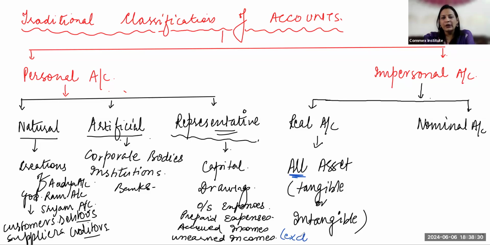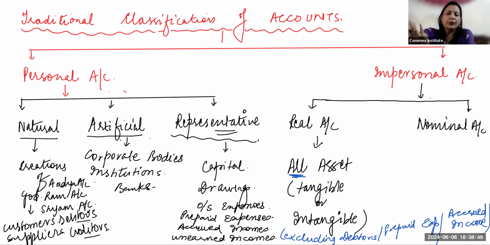We'll write excluding debtors, prepaid expenses, and accrued income. Please write in detail. Again, we'll revise what we mean by prepaid expenses, accrued income, and how we pass the journal entries. As of now, just write this much. So all my asset accounts, except debtors, prepaid expenses, and accrued income are my real accounts.